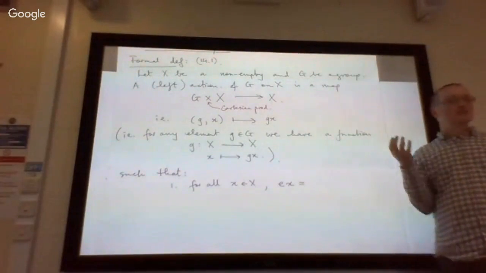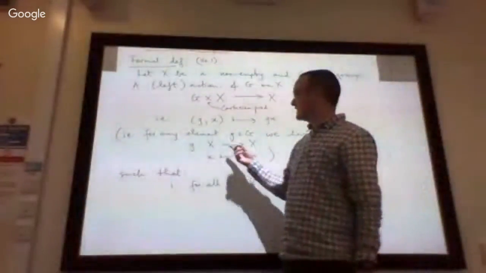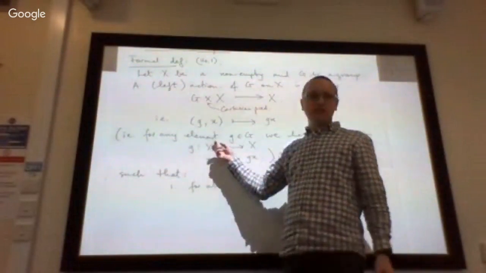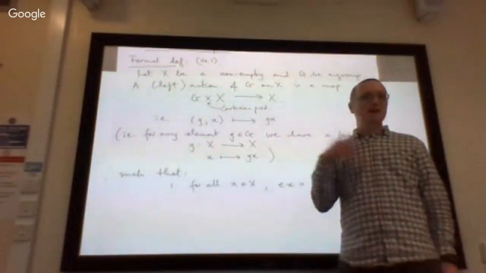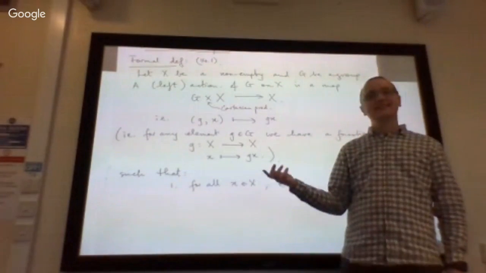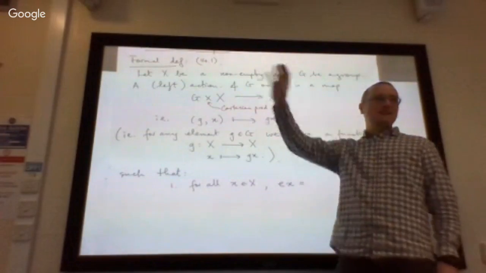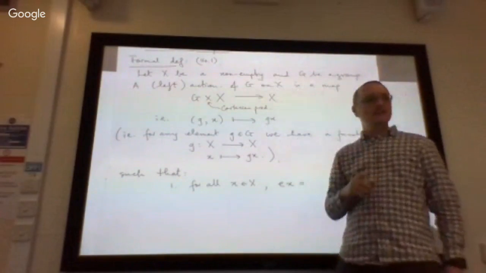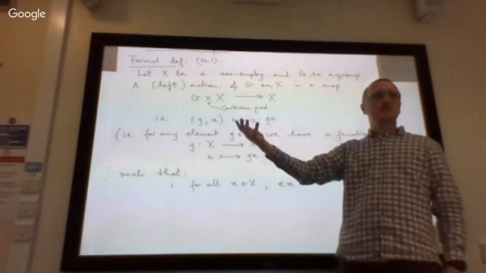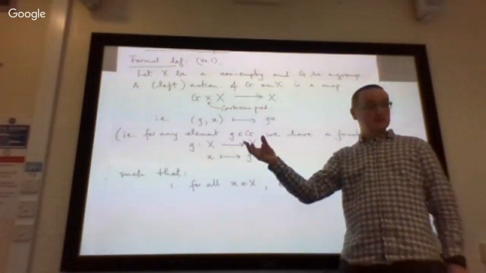And what kind of function immediately springs to mind? We don't know much about the structure of X. All we know is it's just a set. But what kind of special function is there from a set to itself that we might naturally associate with the identity element of a group? Comes in the name. If I just tell you there's a set X over there, and I want you to talk about a particular function on that set, if you don't know anything else about the set X, the only real specific function you might point to is the identity function.